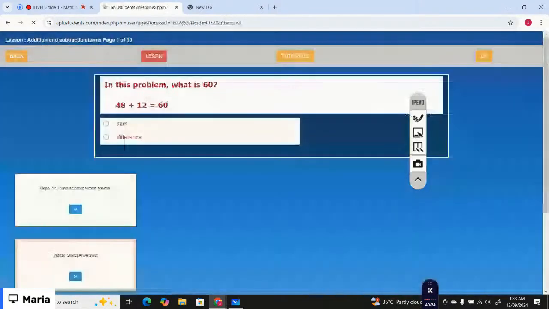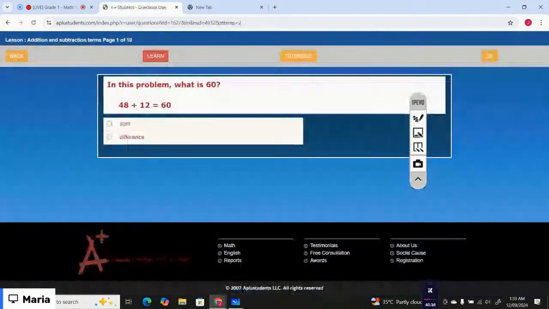Let's just start with the test questions. In the problem, what is 60? 48 plus 12 equals 60. So you add two numbers, 48 and 12. The answer is 60. That means the answer is the sum, right? Option number 1 is the correct option.